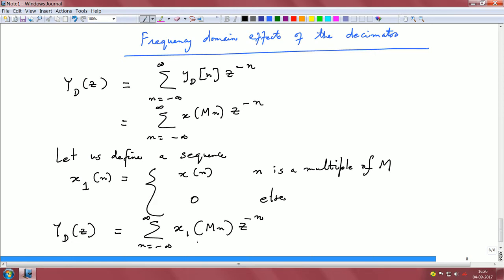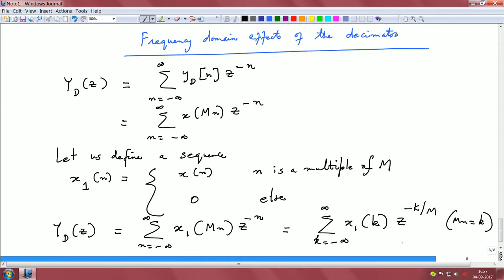And if I let m times n equals k, the usual trick that we do, I can say this is x1 of k, where k equals m times n, z power minus k upon m. Then this is summation k equals minus infinity to plus infinity x1 of k times z power minus k upon m.